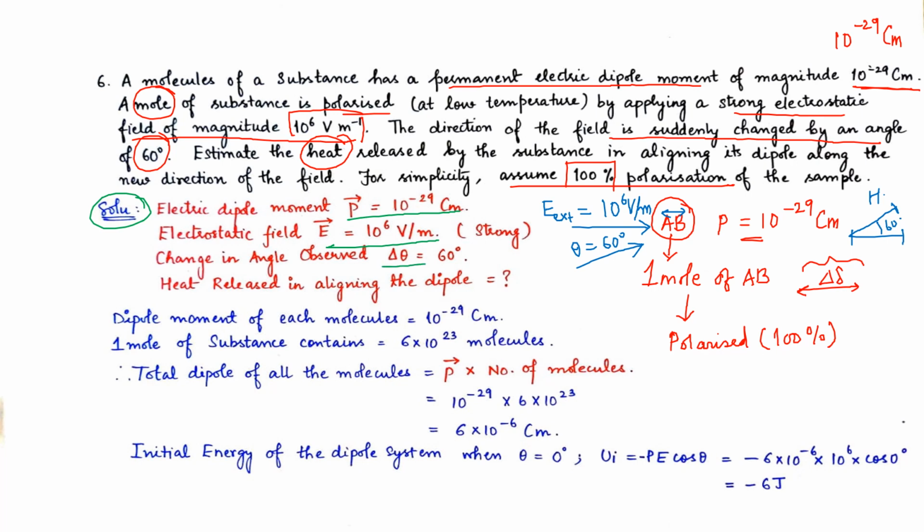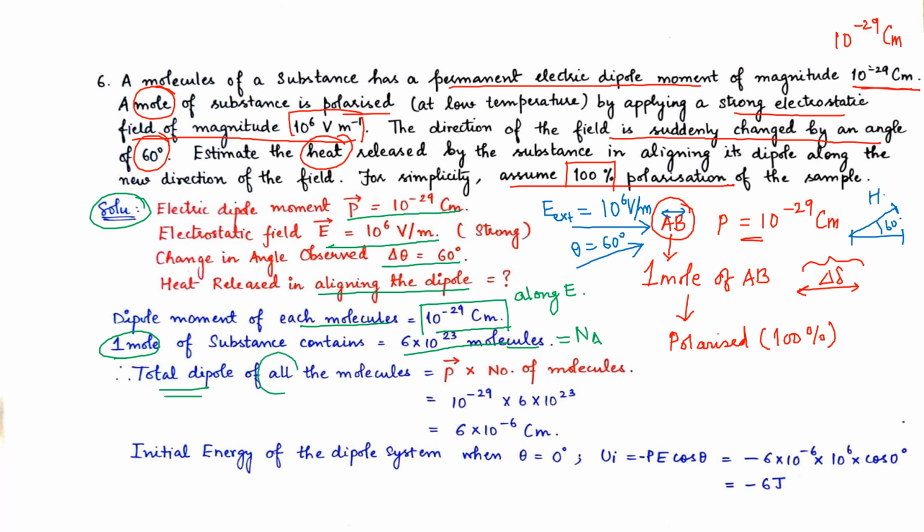Change in angle is delta theta, 60 degrees. The heat released in aligning the dipole, E, needs to be found out. In 1 mole of substance, we have 6 into 10 to the power 23 molecules, that is Avogadro's number.